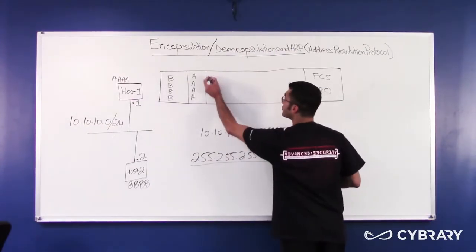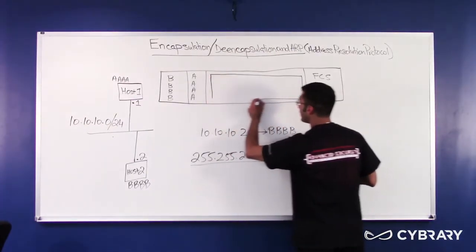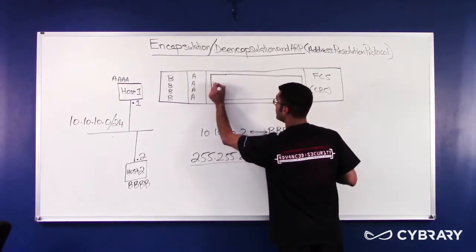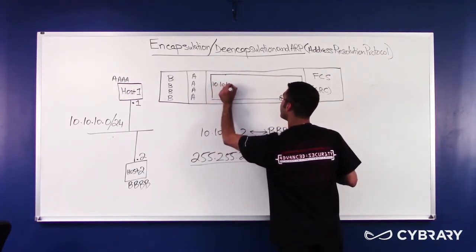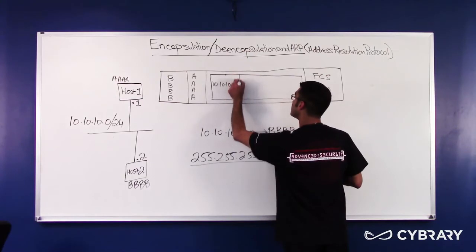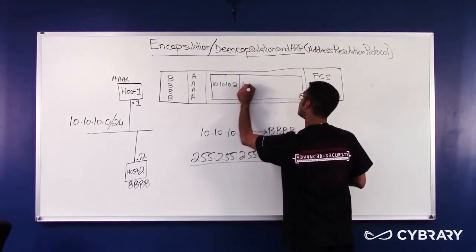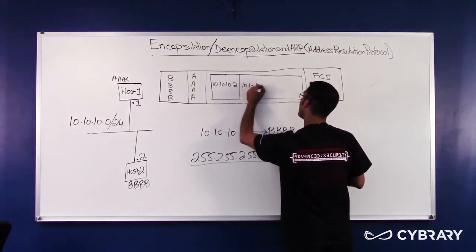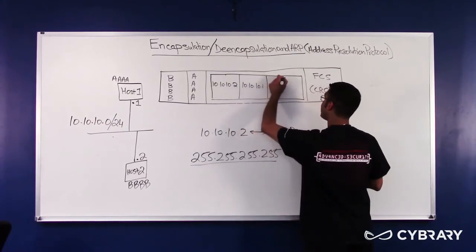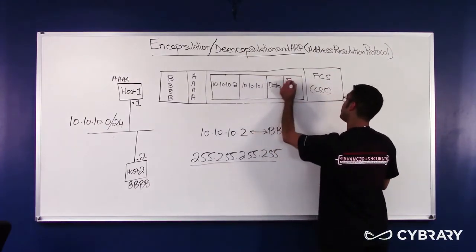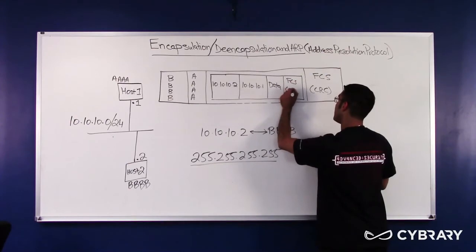So the packet will actually be sitting inside of the frame. The destination IP would be 10.10.10.2. The source IP would be 10.10.10.1. And then you have the data and the frame check sequence housing the CRC.